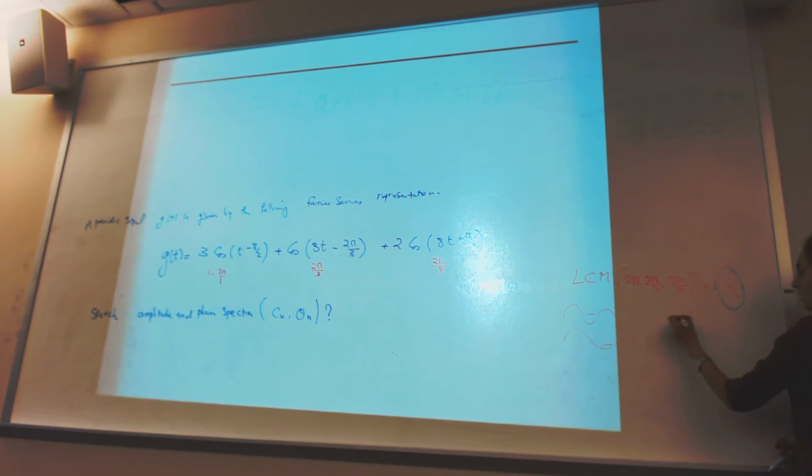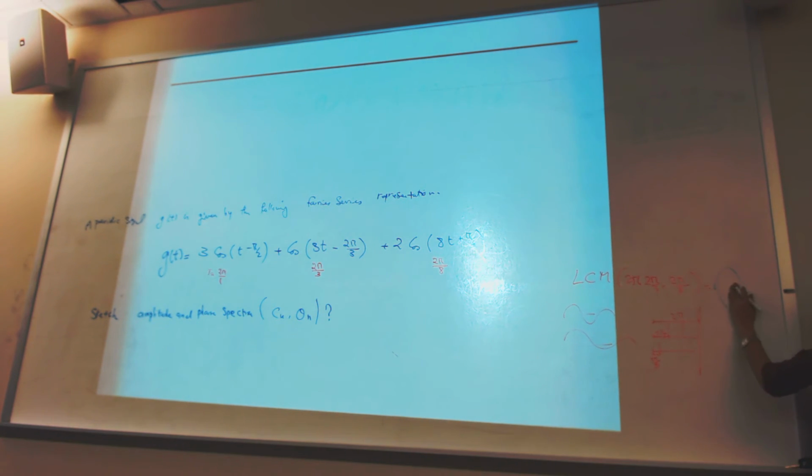So you have 2π, you have 2π over 3, and you have 2π over 8. What's the LCM? The LCM means at some point they agree. If I multiply these, 3 times that and 8 times that comes here.